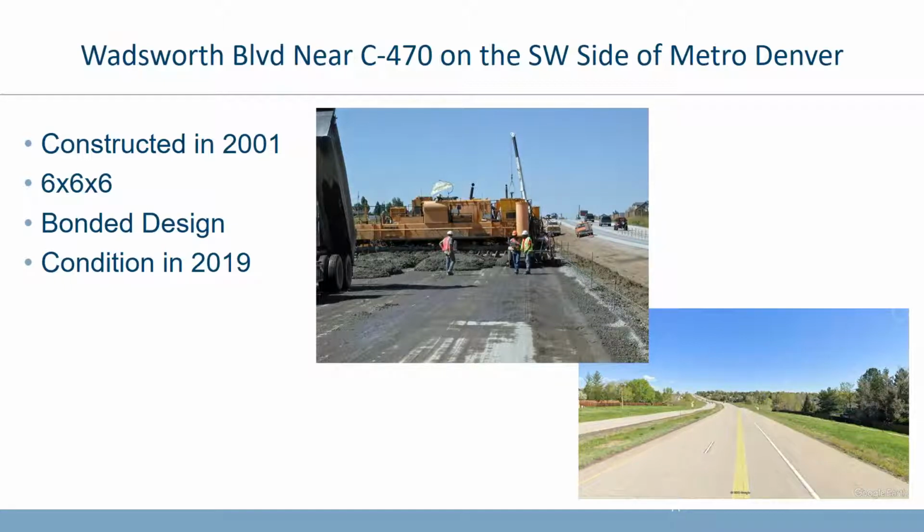It was designed as a bonded overlay. And down in the lower right-hand corner, you can see the condition according to Google Maps, so that we see that condition in 2019 and it is performing quite well.